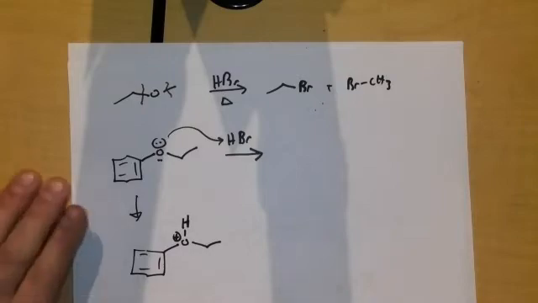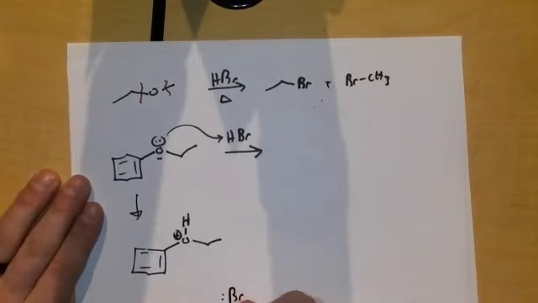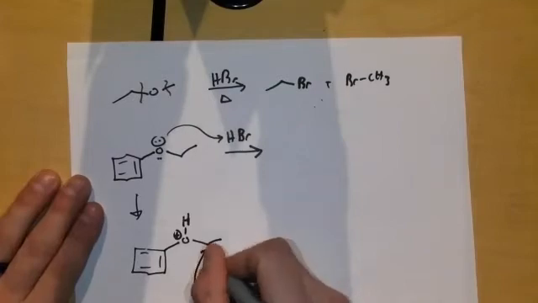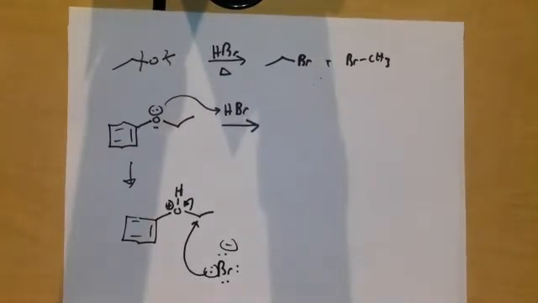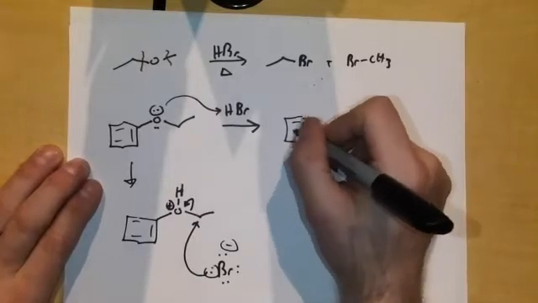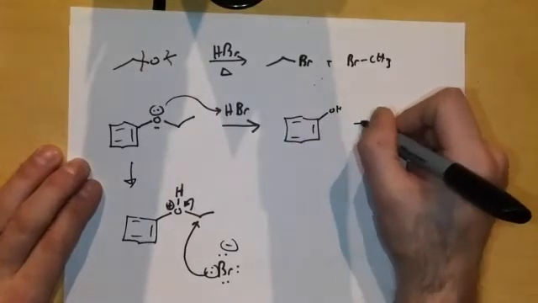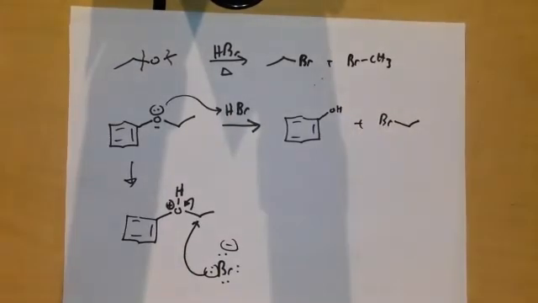We'll talk about why later. But essentially that side is going to be inert. So for these, just our Br will come in to the sp3 center, kicking this out and giving us alkyl bromide. It's a really similar reaction. It's just not going to do the bromine replacement on the aromatic side.